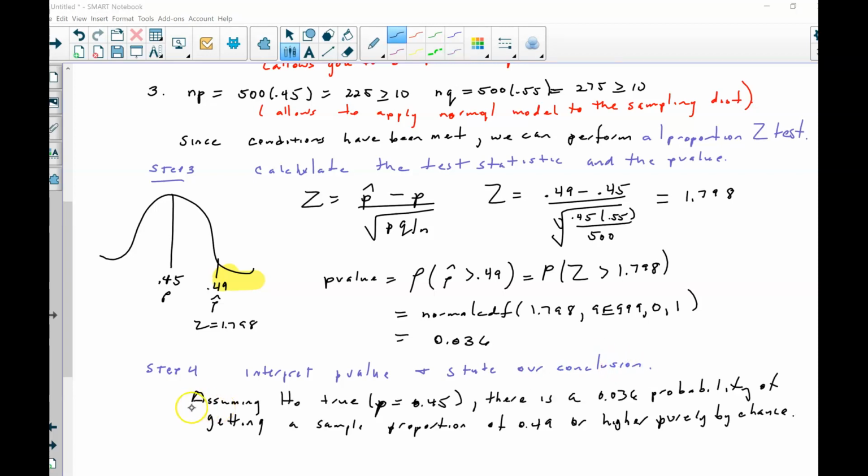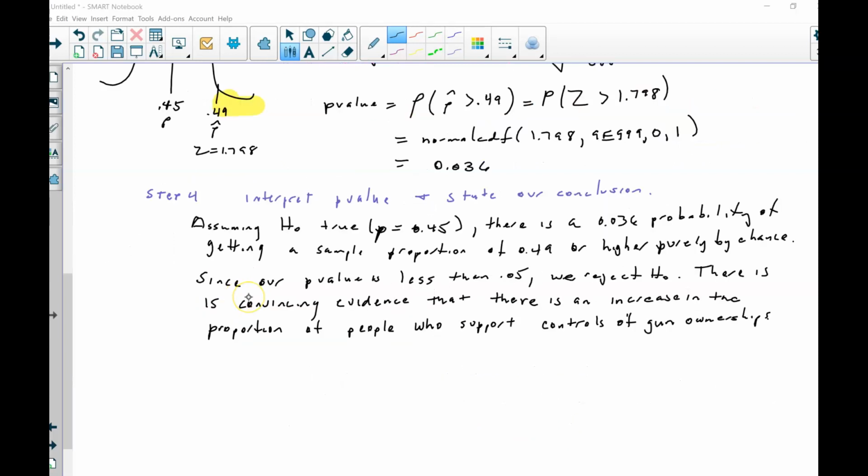So for the p-value, we would interpret it as follows: assuming H0, the null hypothesis, is true, in other words, p is equal to 0.45, there is a 0.036 probability of getting a sample proportion of 0.49 or higher purely by chance.